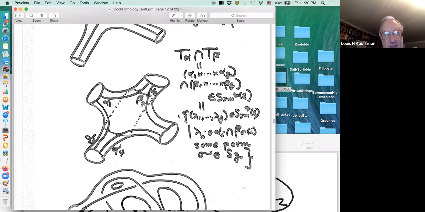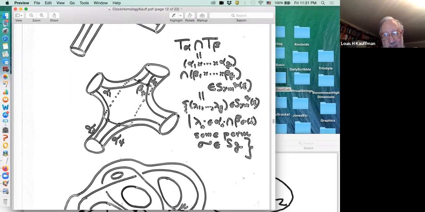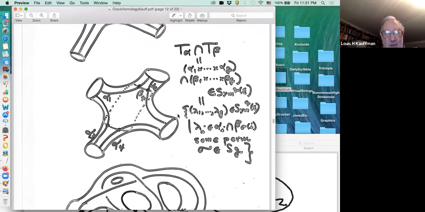But the permutation by the beta means that since we have regions and crossings for the alphas and the betas, it means that the beta corresponds to one of the corners of the region. It means that this corresponds to one of our states. So the intersection points of the T alpha and the T beta correspond to one of the marker states. So that's how the marker states end up going up to live in high-dimensional topology.